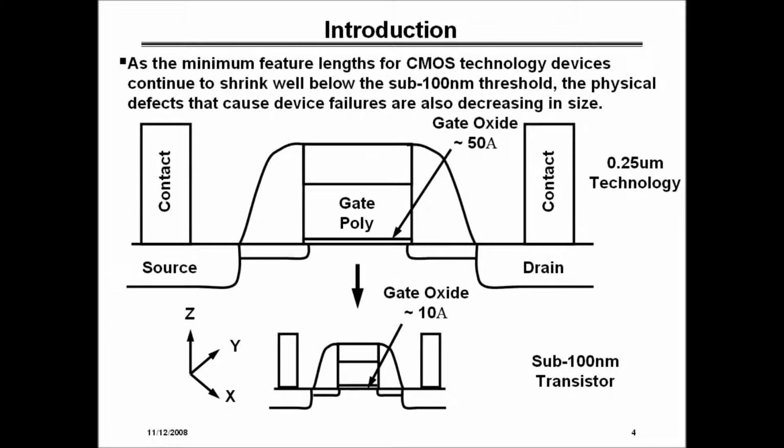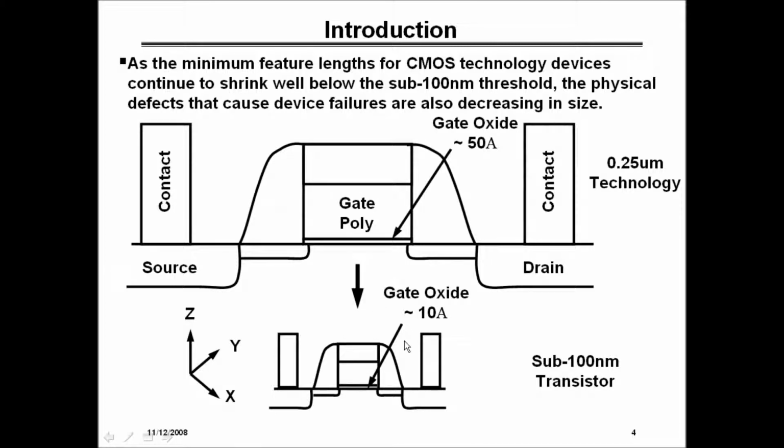So again, as minimum feature lengths for CMOS technology devices continue to shrink well below the sub-100 nanometer threshold, physical defects that cause device failures are also decreasing in size. And you can see here in the schematic that quarter micron technology has gate oxide of 50 angstroms.